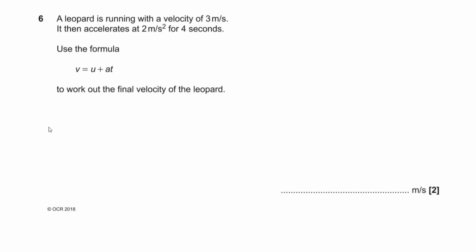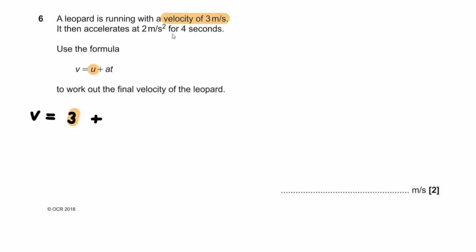So the final velocity is given by v. So we have v equals, well, we've got this initial speed of 3 meters per second. So that's what u is. u is equal to 3, plus a.